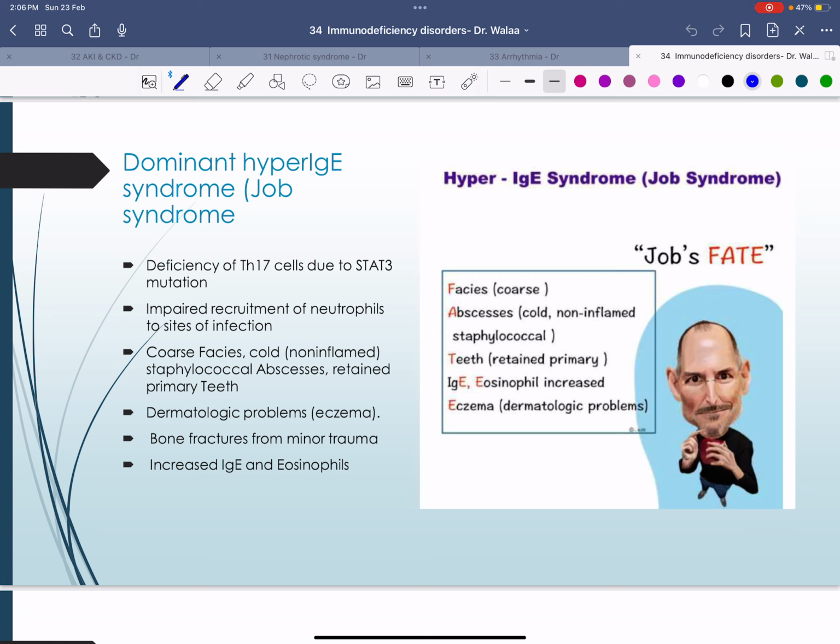Okay? Now with the absence of STAT3, if we have a STAT3 mutation, there will be abnormal stimulation and proliferation of T helper 17. Okay? Now, because of this, there will be a shift.